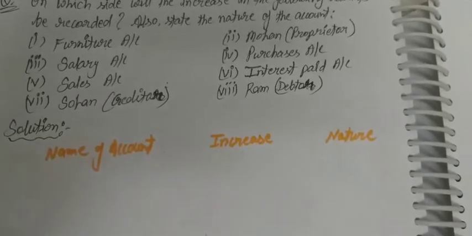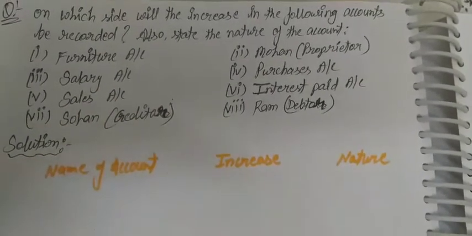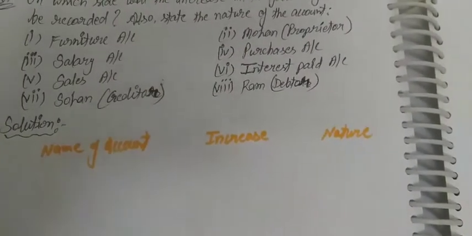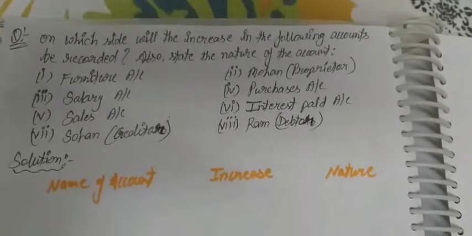Okay, on which side it will increase and on which side it will decrease. We only have to record the increase side of all these accounts.